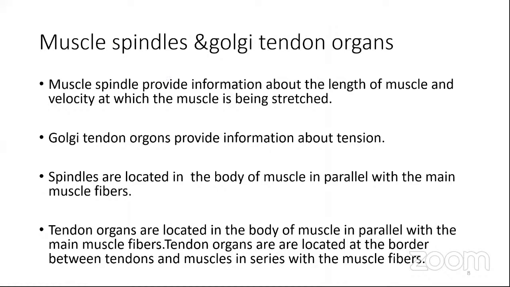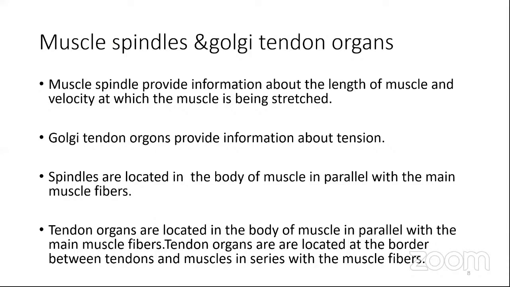Muscle spindles and Golgi tendon organs. Muscle spindles provide information about the length of the muscle and the velocity at which the muscle is being stretched. Golgi tendon organs provide information about tension.